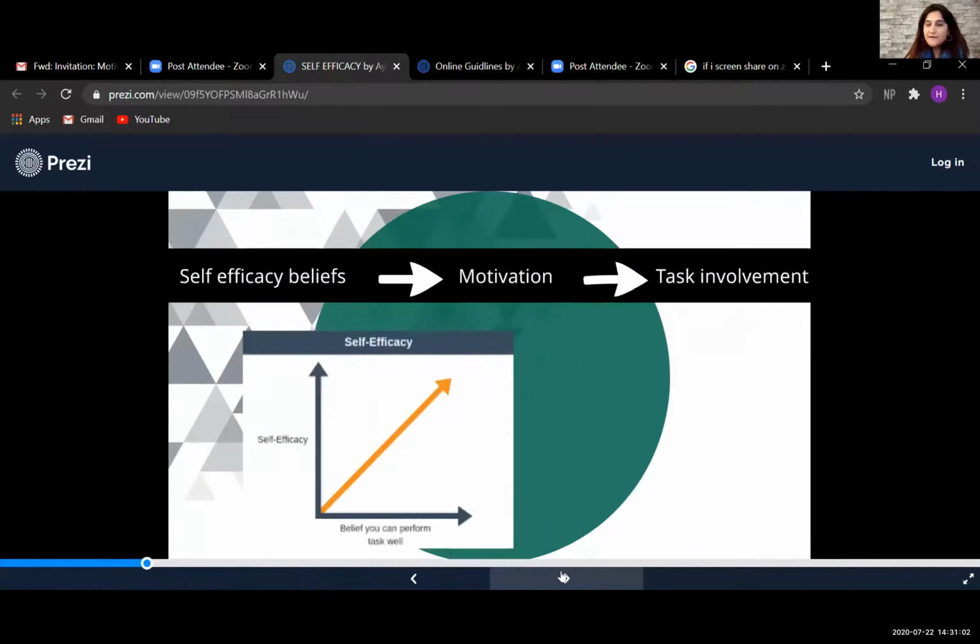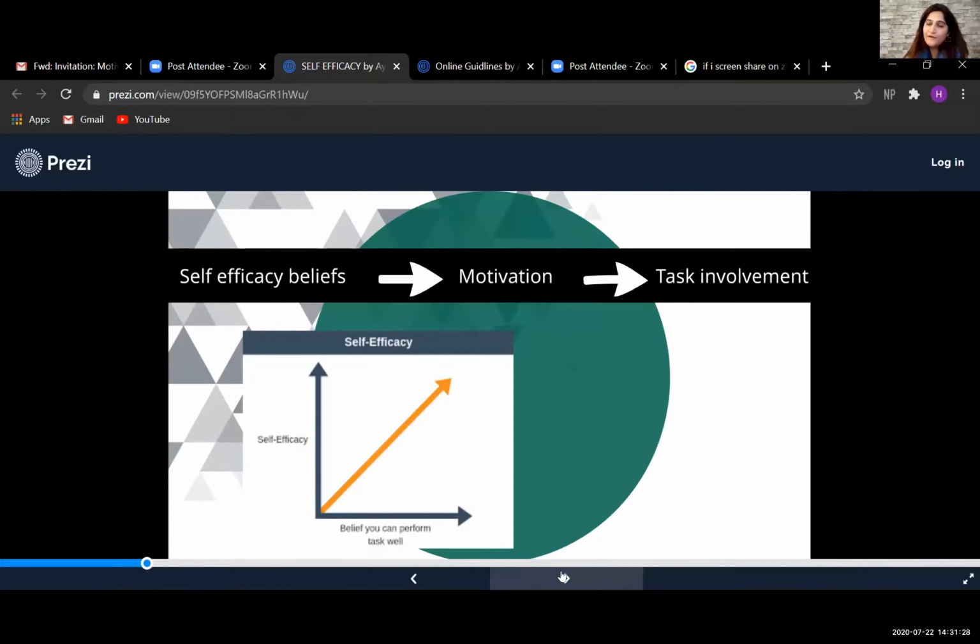So let's look at how self-efficacy is linked to motivation. Literally, self-efficacy means self-worth of a person. Self-worth is linked to motivation. What a person thinks about himself and herself is linked to motivation, and then the motivation is linked to task involvement.